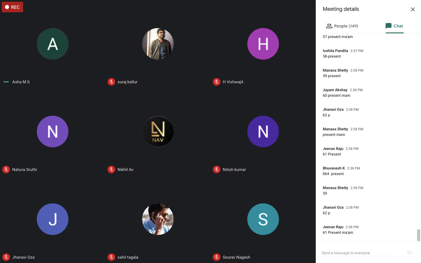Wait for a minute. 61 present, 62, 63, Anish Shetty. 63 Manish Shetty absent.